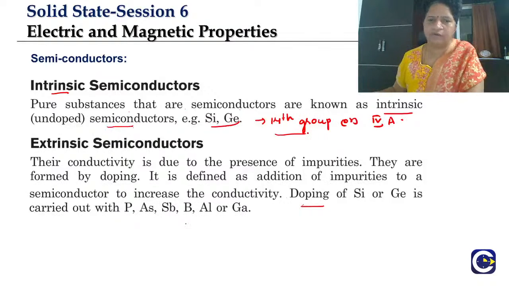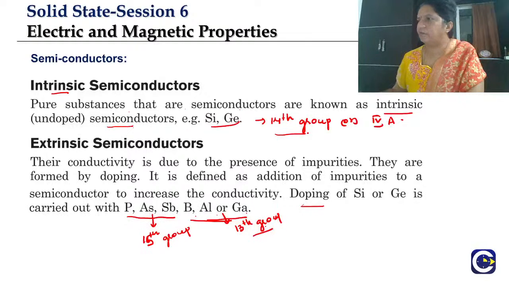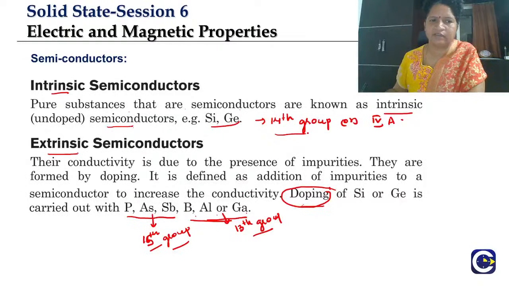When we add to them either 13th group elements, boron, aluminium, gallium, or 15th group elements, phosphorus, arsenic, antimony, either less valent groups or higher valent groups, we call it doping, and we call such semiconductors extrinsic semiconductors. In semiconductors, if it conducts without adding any impurity, we call it an intrinsic conductor.